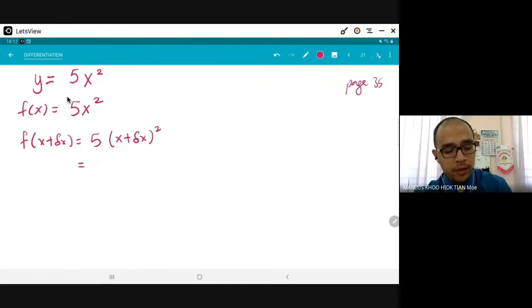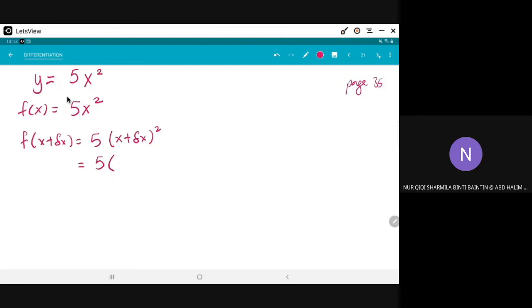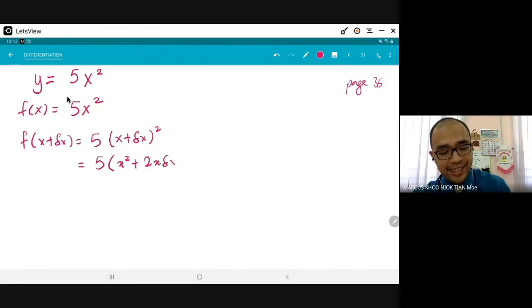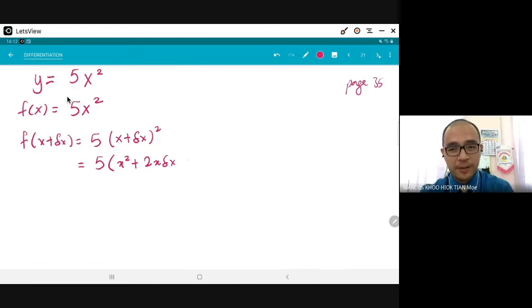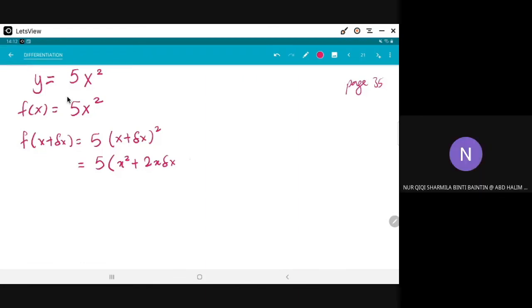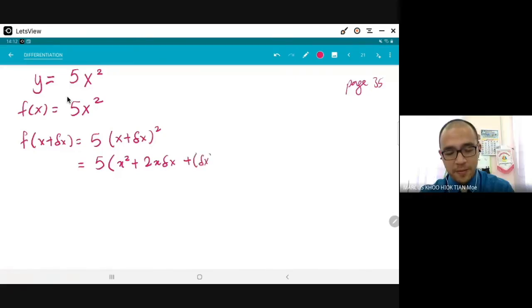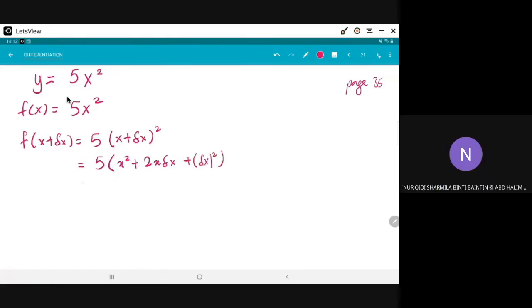Okay, 5 dalam bracket x square plus 2x del x lah. Yes. Sorry sir. It's okay, it's okay. And dalam bracket del x square. Okay. Lepas tu minus 5x square.